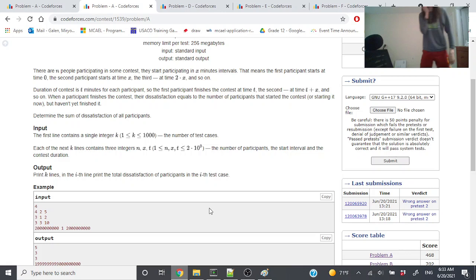So we're counting the number of people who started the contest before this person, and we subtract the number of people who finished it. And because they finish in order, the number of people who finished is 1, and then 2, and then 3, and then so on. The people who start the contest, right?